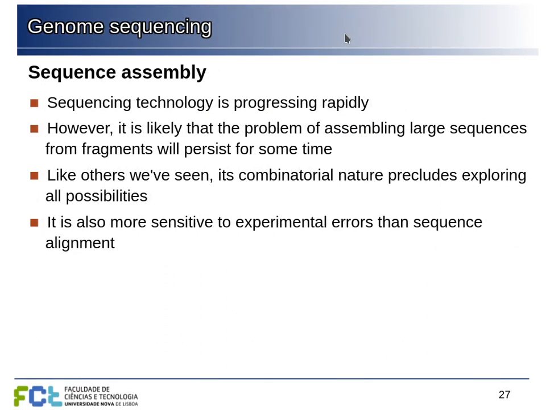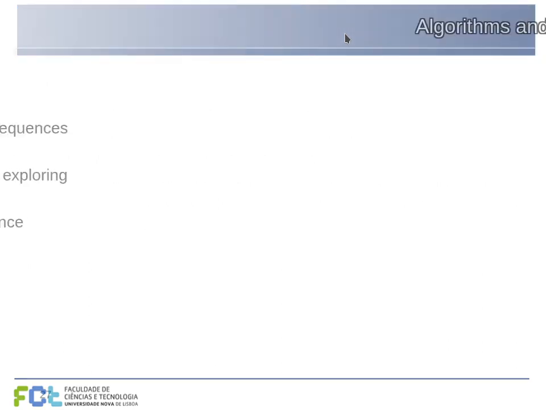So the technology itself is progressing rapidly. There are many details here that keep changing over time. But the interesting part here for our course is this combinatorial problem and the way it can be solved using the right kind of graphs and an algorithm for going through all the edges in the graph.